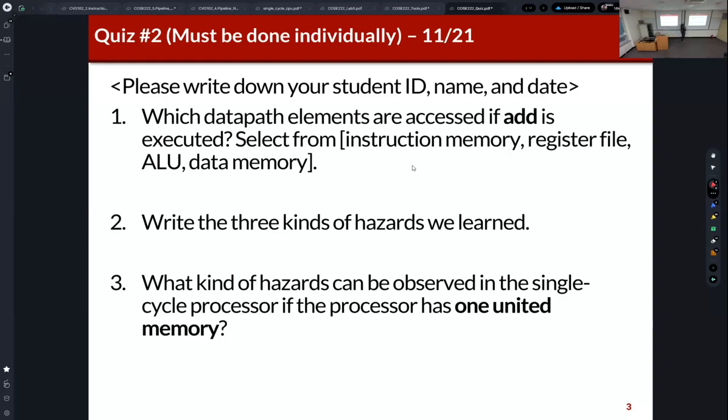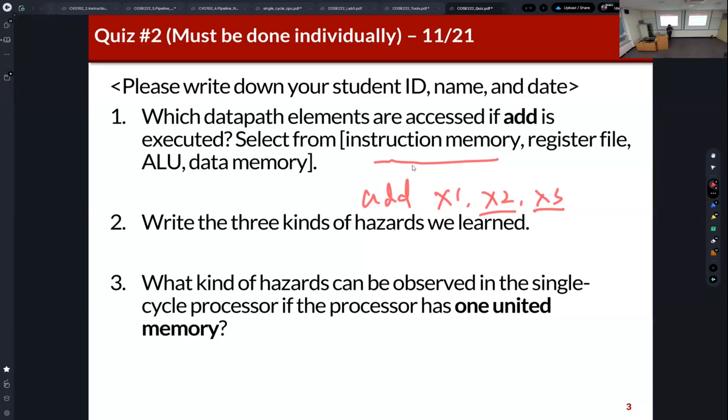So what is the answer of this one? An add instruction is executed. The instruction needs to be fetched from instruction memory, so instruction memory is accessed. Then an add instruction like add x1, x2, x3 reads from the register file, so the register file is also accessed.